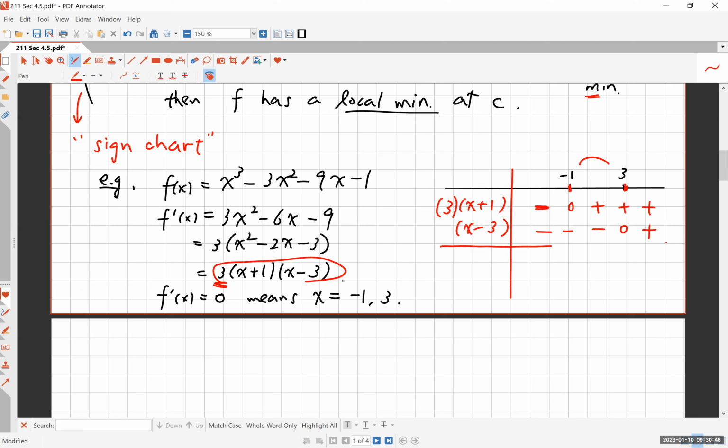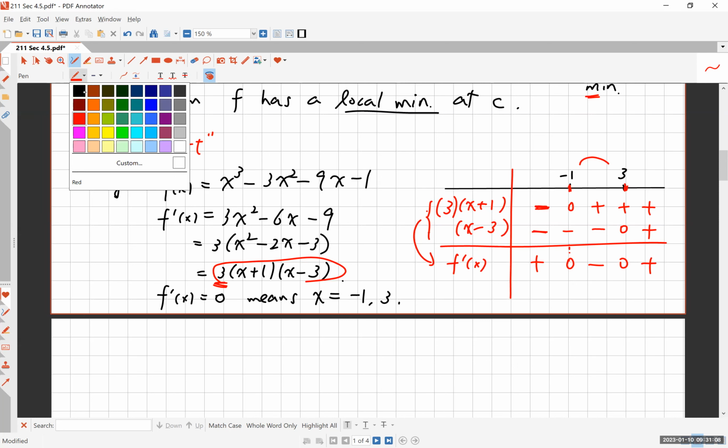Okay, and at the bottom, you multiply these. This times this is, of course, our derivative, right? Negative times negative is, of course, positive. And then 0 times negative is 0, right at this point, right? And then positive times negative is negative. That's 0, and this is positive.